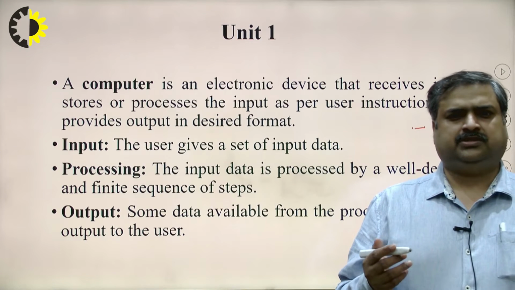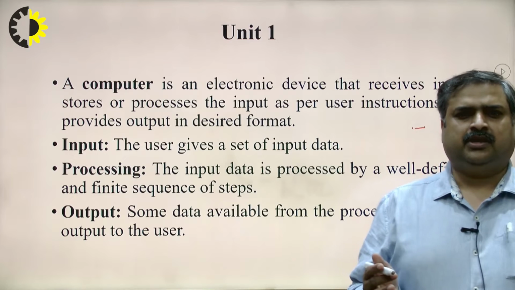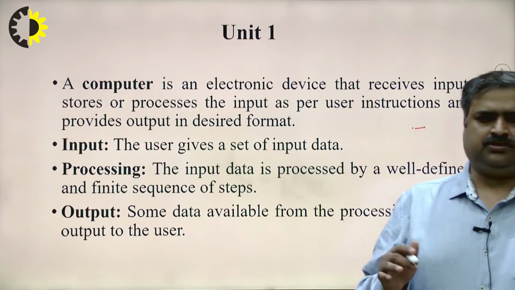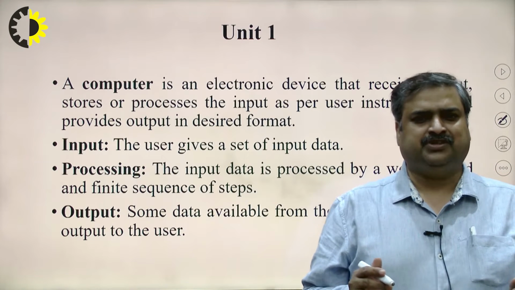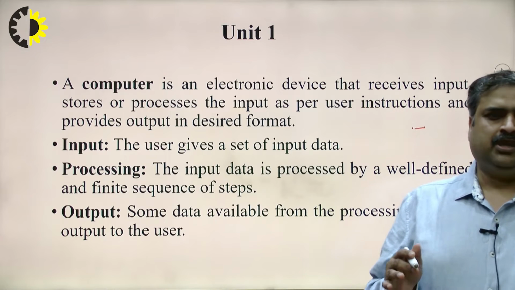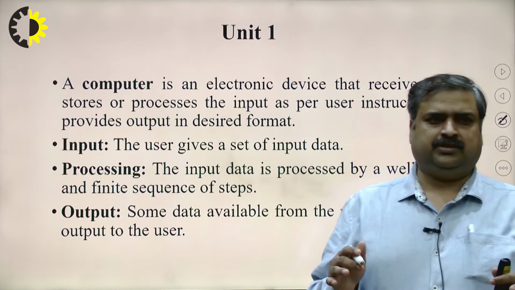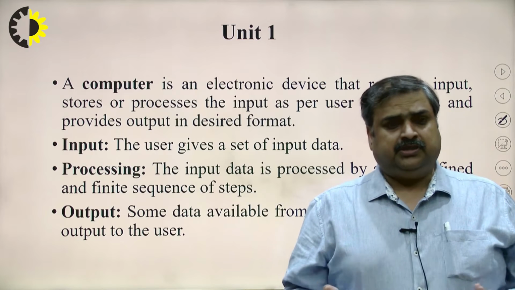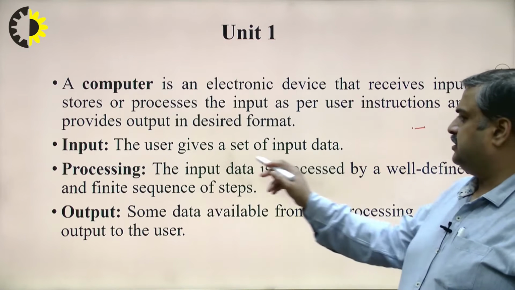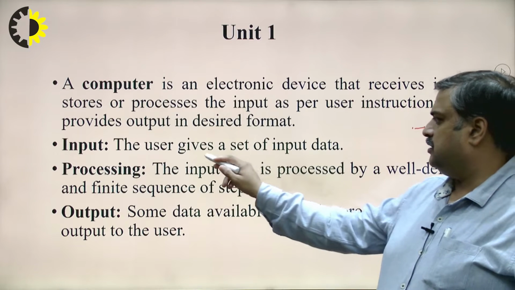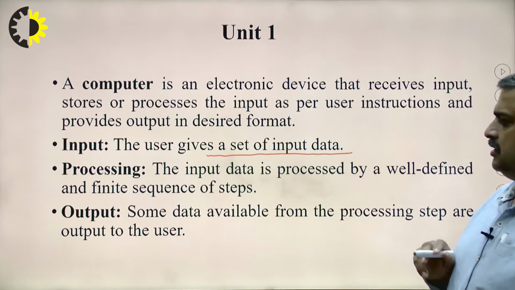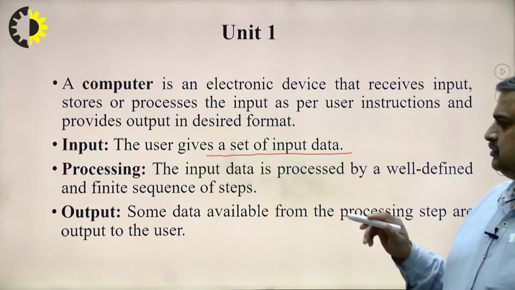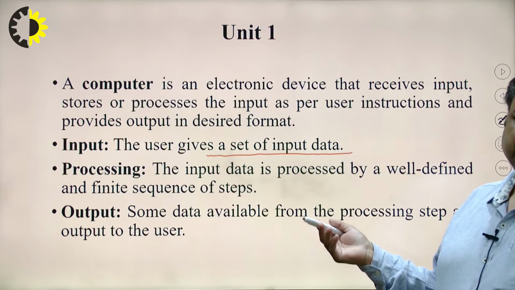This is the basic job of a computer, but it is not as simple as it looks in this definition, because lots of work is being done during the process. Input is whatever it receives from the user, and the processing part is done by the computer.